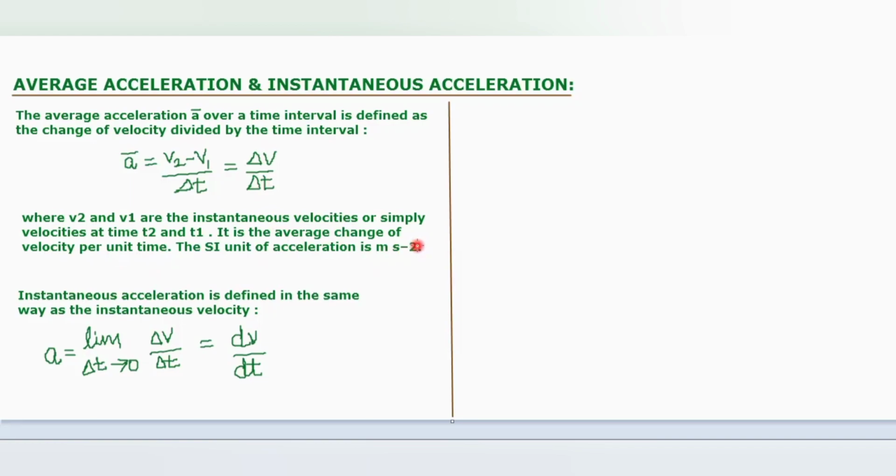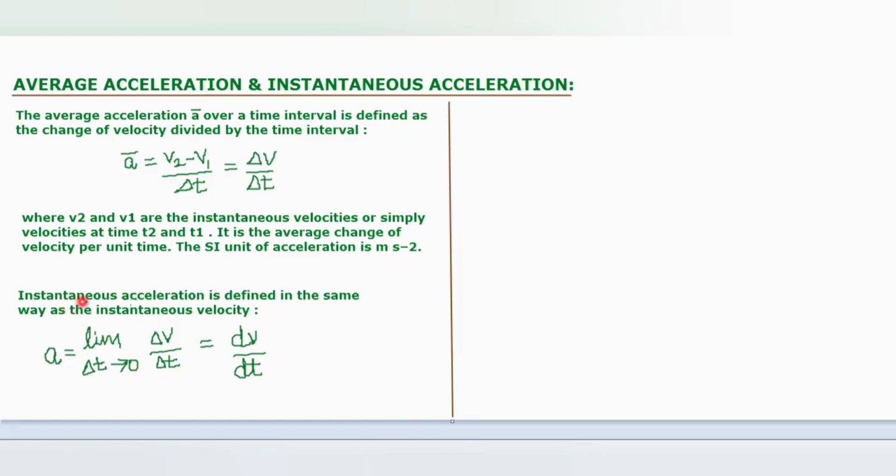In the same way as we discussed how to approach instantaneous velocity from average velocity, the time interval approaches infinitesimally small, that means del t turns to 0.